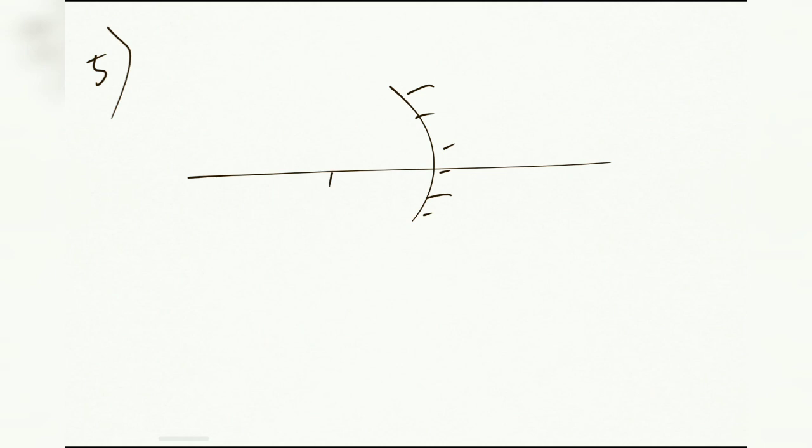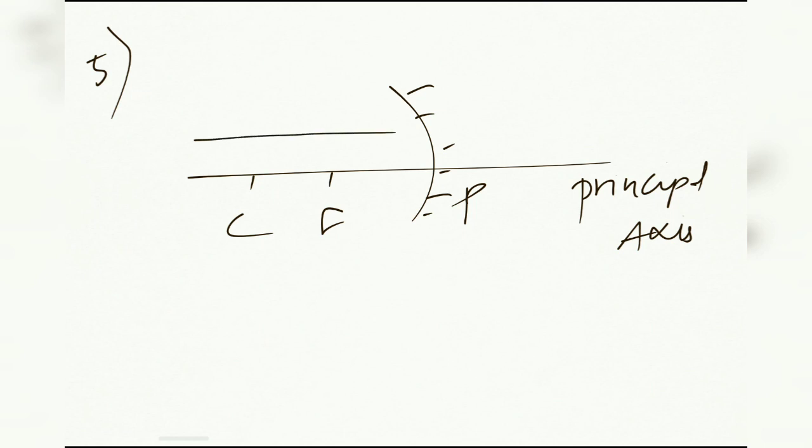This is the focus, this is the center of curvature, this is the pole, and this line is the principal axis. One line is drawn parallel to this. After reflection, where will it pass? Obviously this is a rule that it should pass through the focus. The ray rules we have also studied, right? So focus is the answer for this, and the option is B.